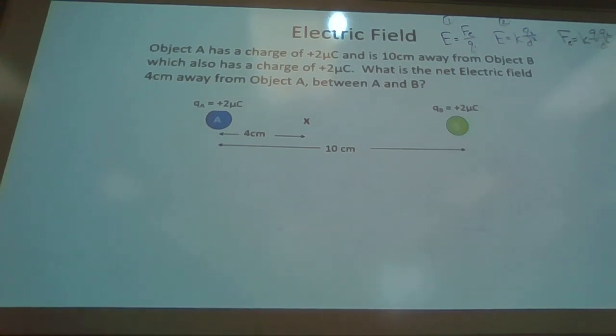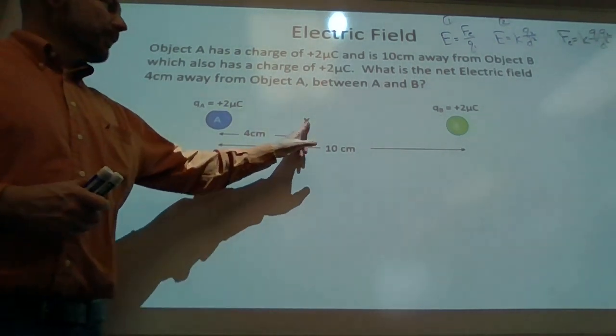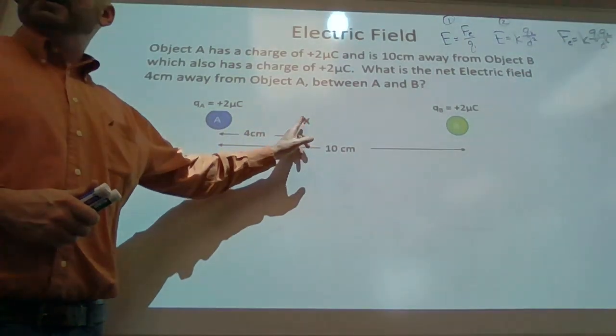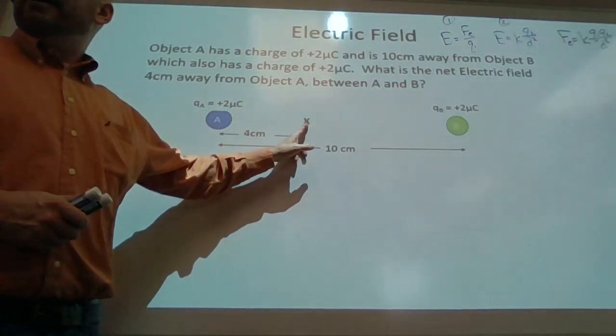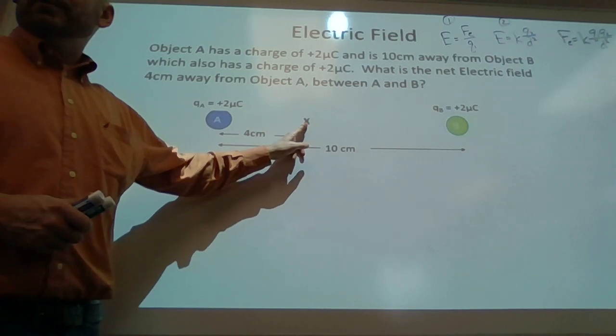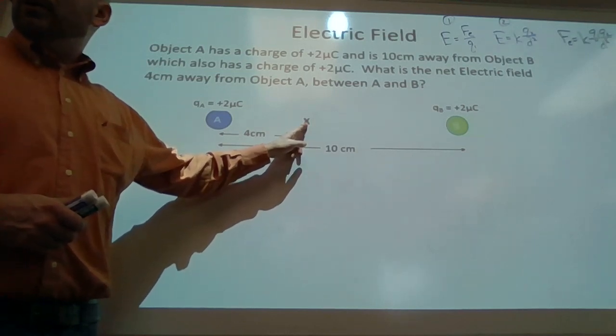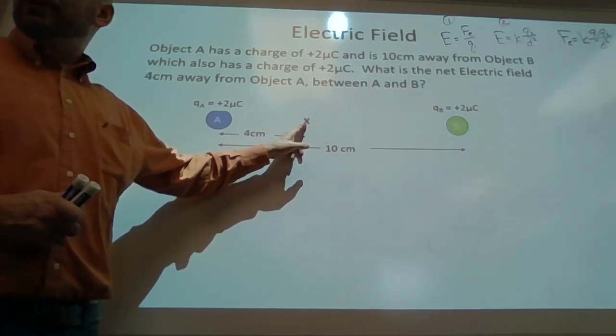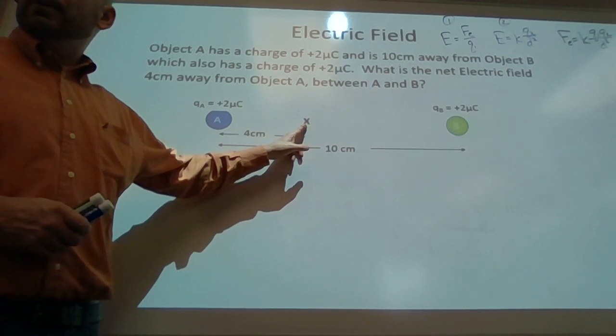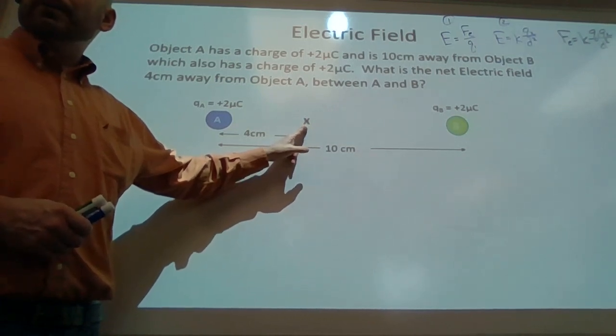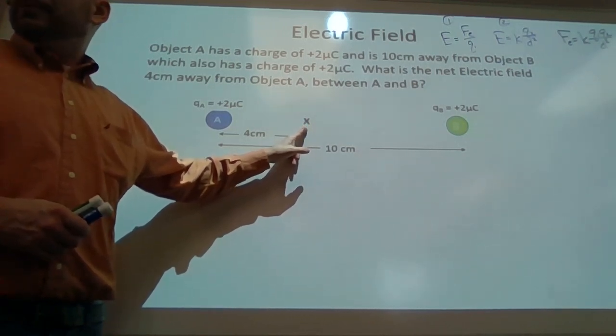Okay. I'm looking for the total electric field at this location. Do I have a charge at this location? No. What do I have here, a force or a field at this location? I have a field.